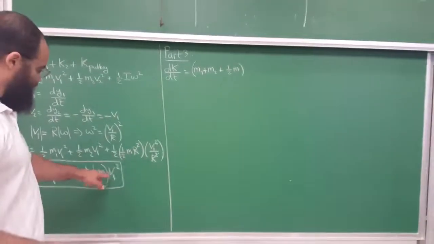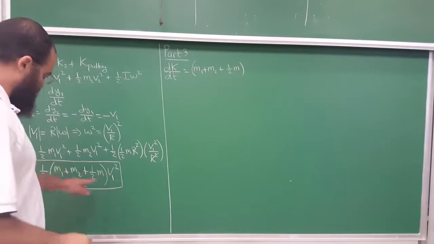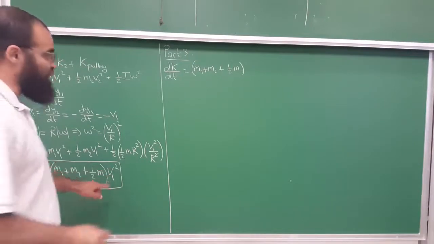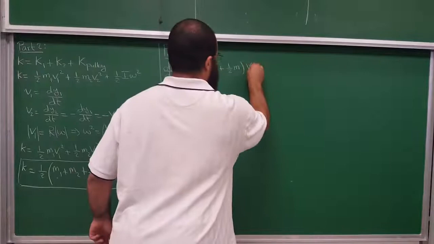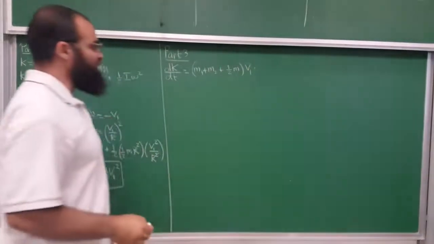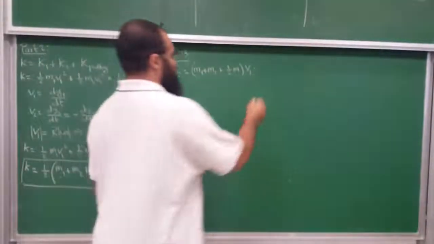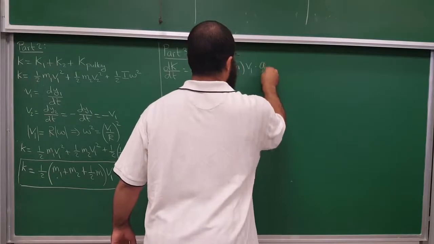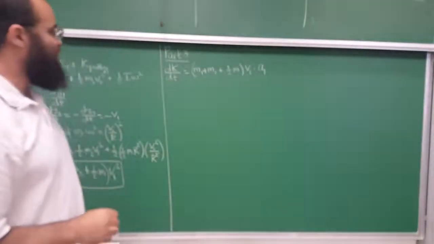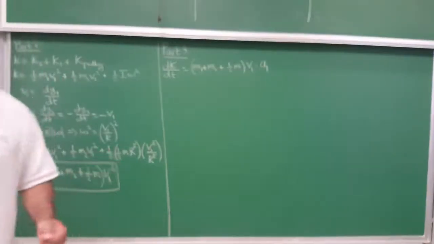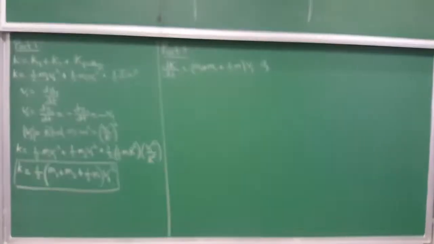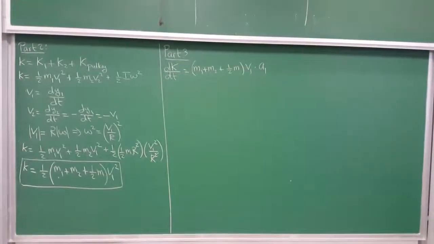When you take the derivative of v1 squared, you get 2 v1, so the 2 cancels, and you just have v1, and then times dv1 dt, which is the acceleration a1, the acceleration of object 1. So that is that.